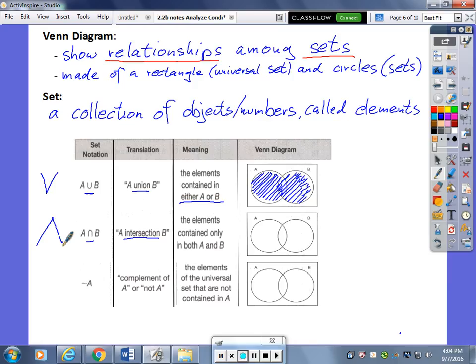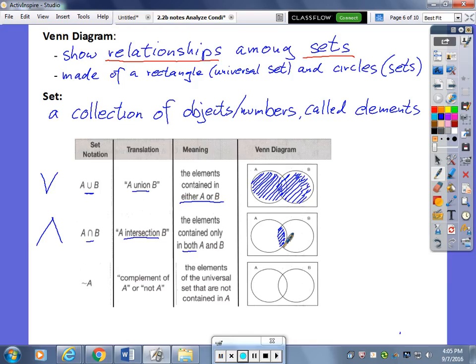That means intersection, and now we are talking about the elements that are only the ones that are in both the set A and the set B. In other words, we're talking about the ones that are in this overlapping section and nowhere else in that entire Venn diagram.